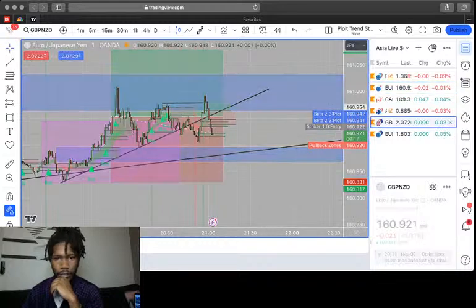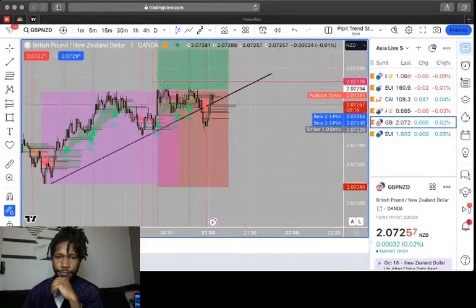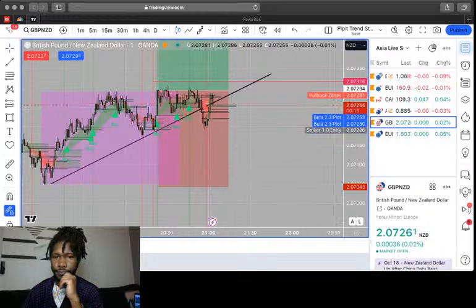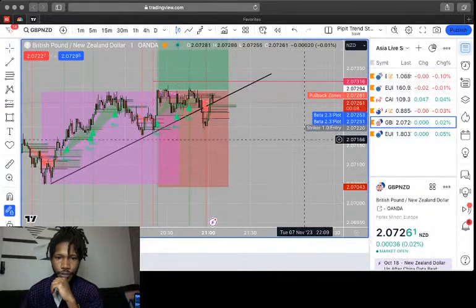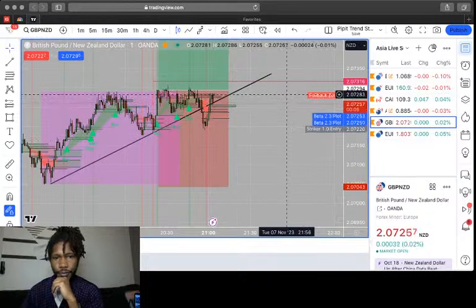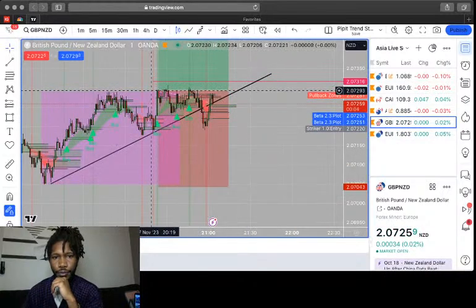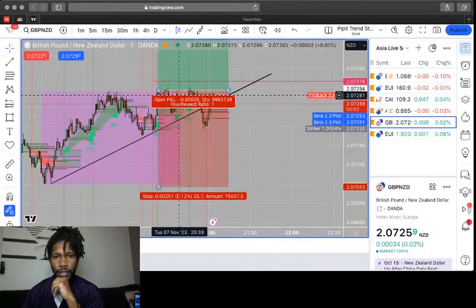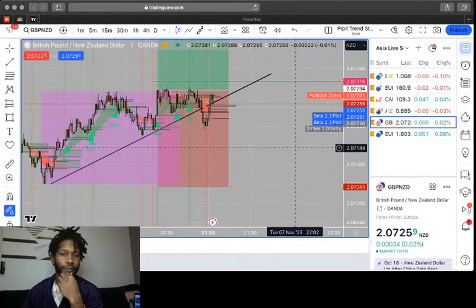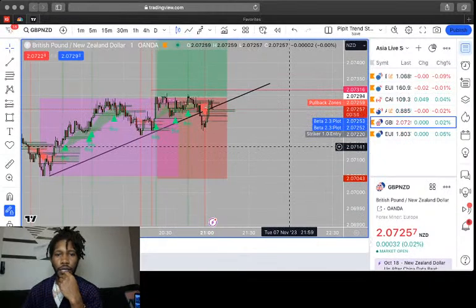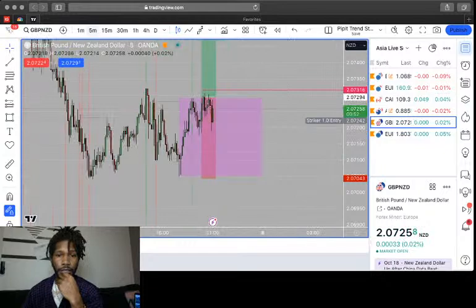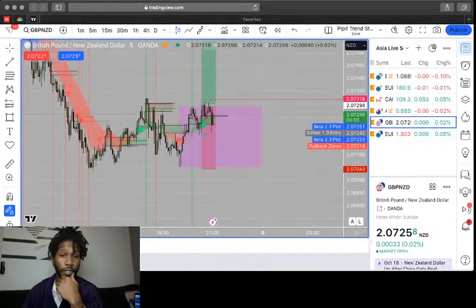GM is looking like it wants to continue down. Yeah, we got the striker sell, break of structure, pullback into the zone. We got 1, 2, 3, 4, 5 taps at that level. It's struggling. If it pushes up, it's going to push strong, but it's struggling right now, so it could very well just push to the downside at this point, and I wouldn't be surprised if it did that.